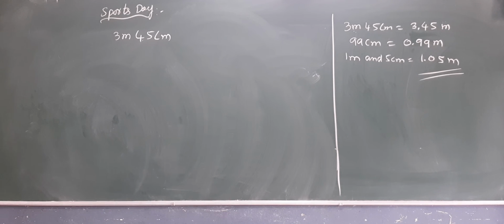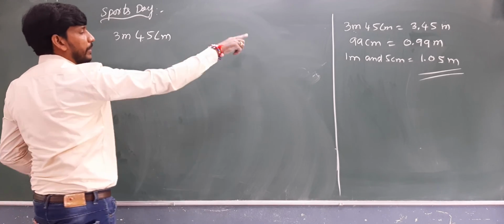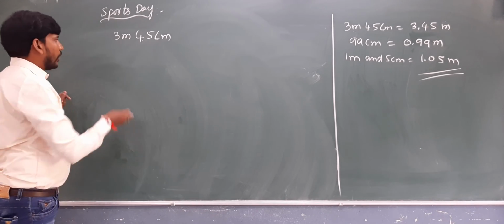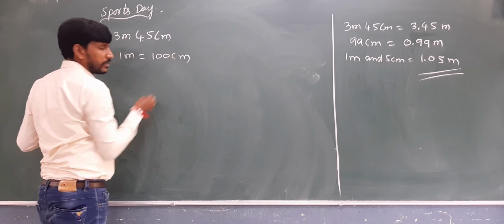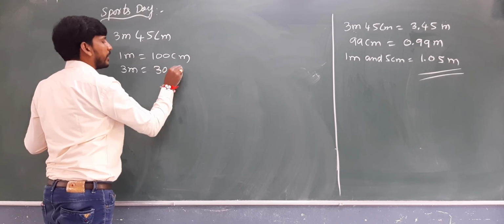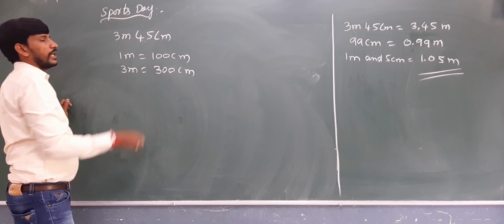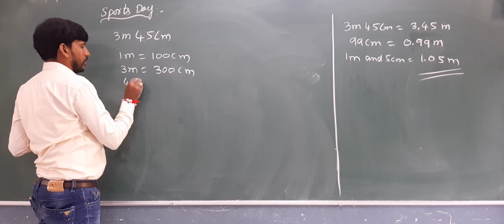Now see this here. I think you will have some doubt how to convert this one. See this here. 3 meters 45 centimeters. I told you 1 meter equals how many centimeters? 100 centimeters. Then 3 meters equals how many? 300 centimeters. Again here they gave 45 centimeters. Please write down 45 centimeters.